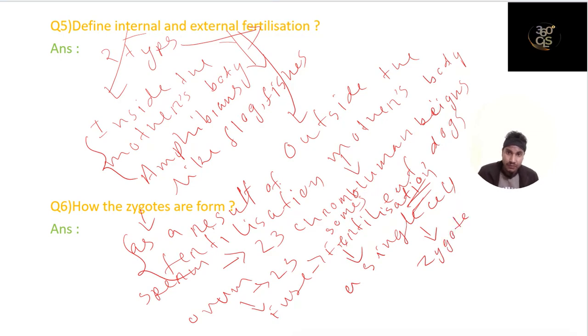Okay. So when the male sex cell, that is sperm, and the female sex cell, that is ova, or you can say ovum, fuse with each other to form a zygote, which has 46 chromosomes.